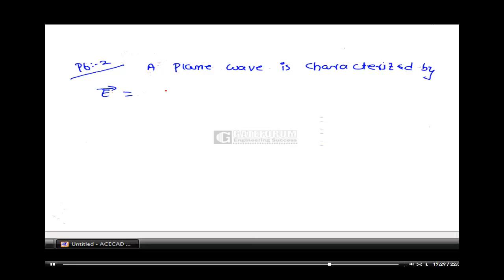The second problem is: a plane wave is characterized by E bar is equal to 0.5 x cap plus y cap e power j pi by 2, e power j omega t minus j kz.